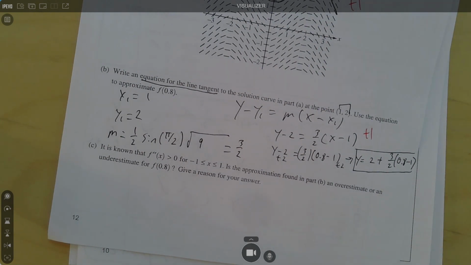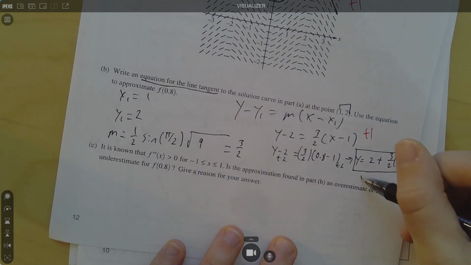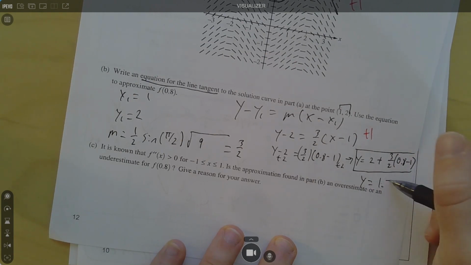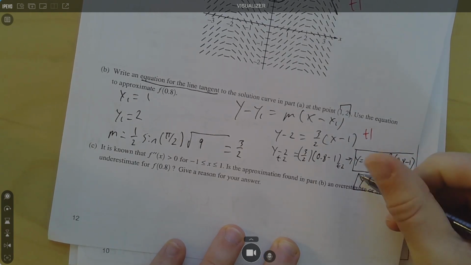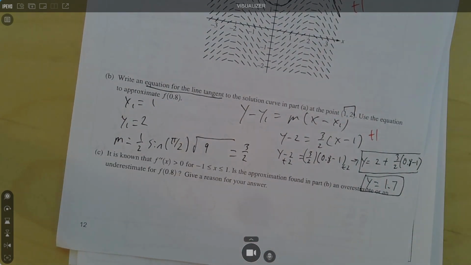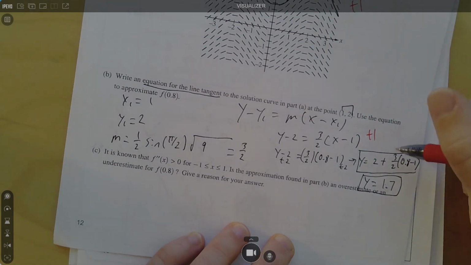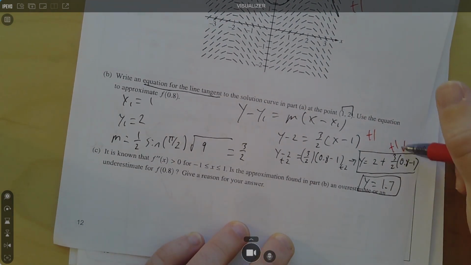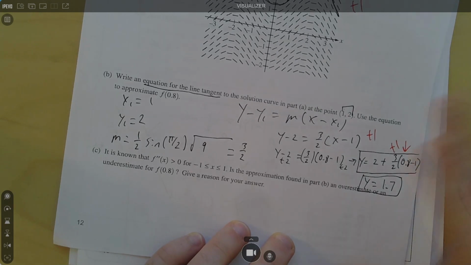If you worked it out longhand, that is 1.7. So again, this is fine. What you don't want to do is write this and then make a mistake in simplification. So if you're going to leave it right here, that's fine. Just leave it like that.